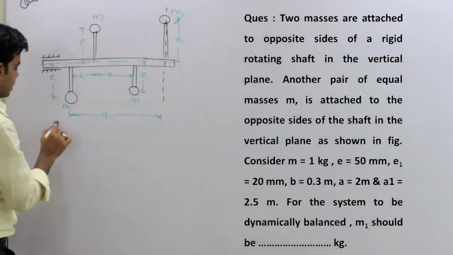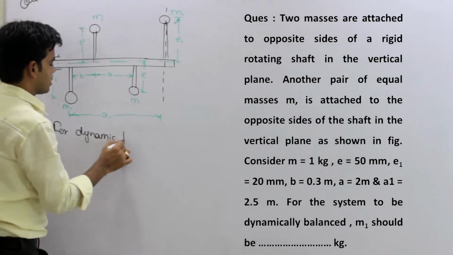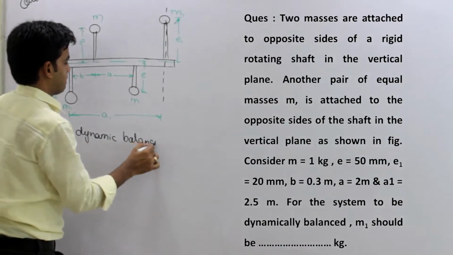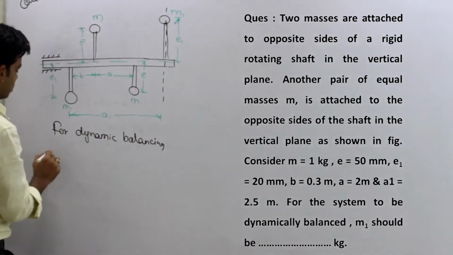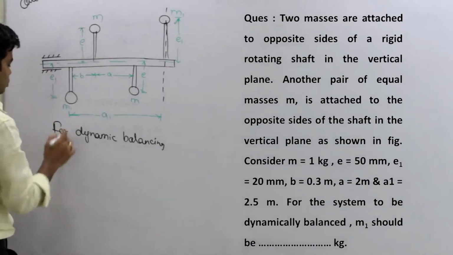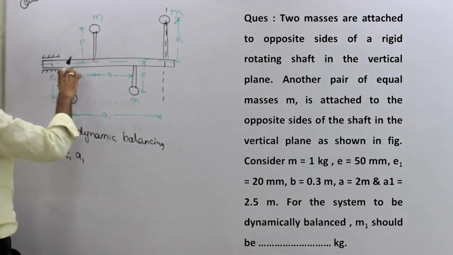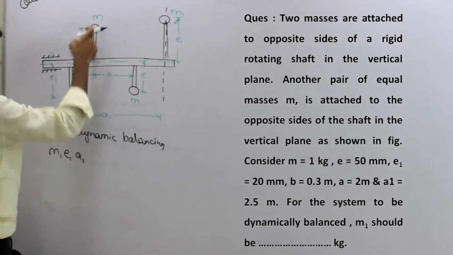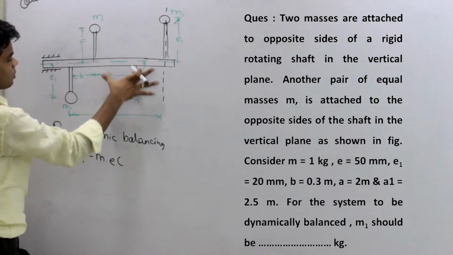So for dynamic balancing, take the moment about this plane and equate it to 0. So we have M1 E1 into A1 minus M E into this distance. What is this distance?